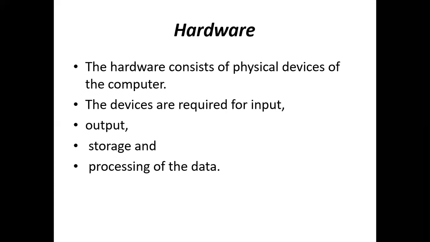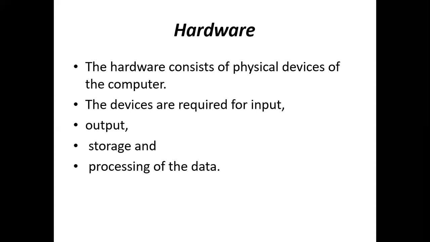By physical components, I mean the actual parts of the computer that you can touch. If you look at your calculator, for example, there is that display unit, that screen, which you are able to see and touch. That is hardware. The buttons that you have, that is hardware. The casing of the computer. So those are the physical parts of the computer that we are talking about.